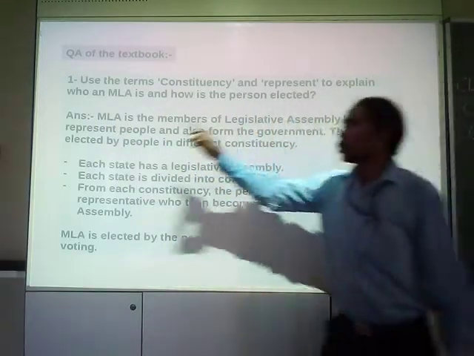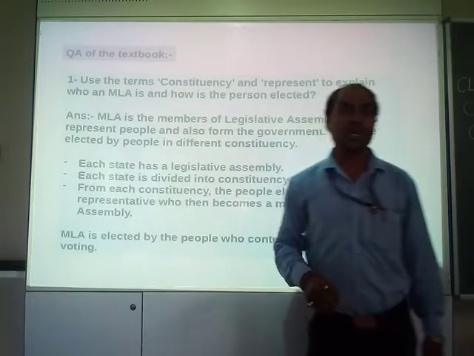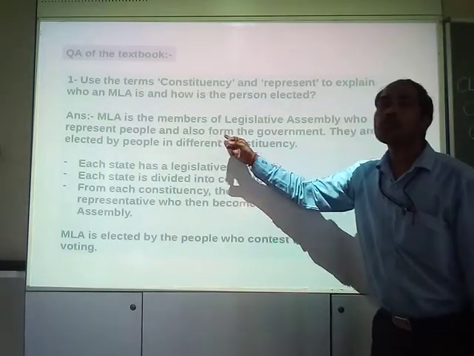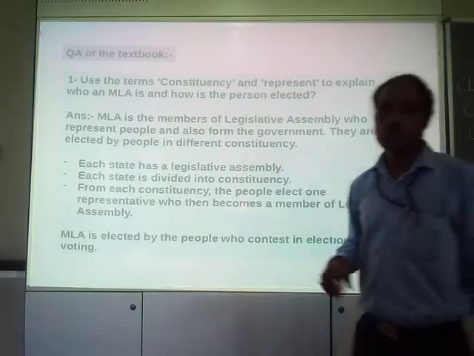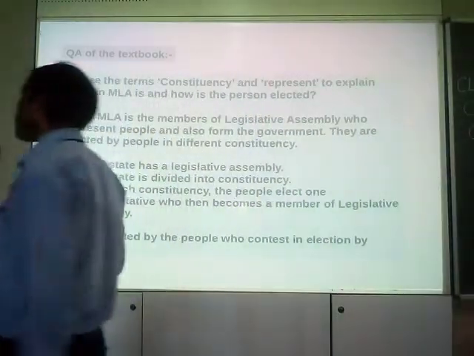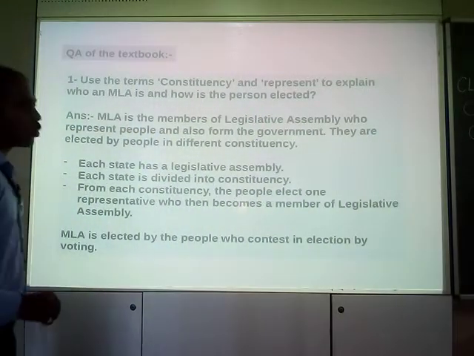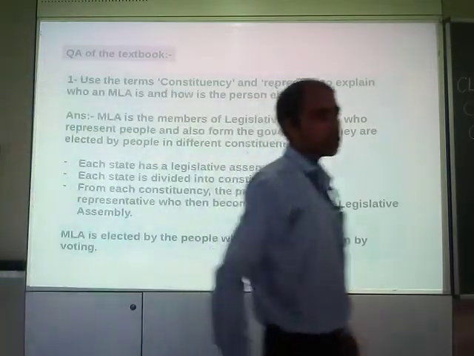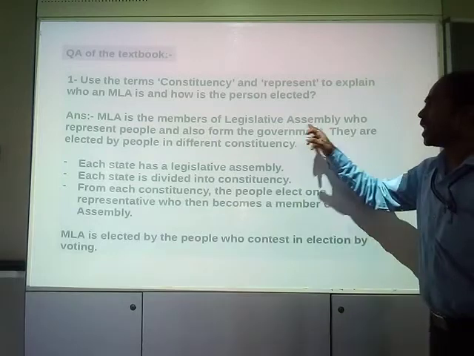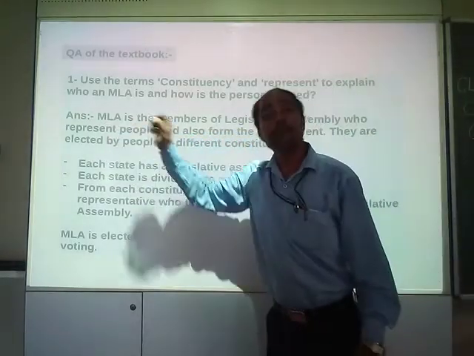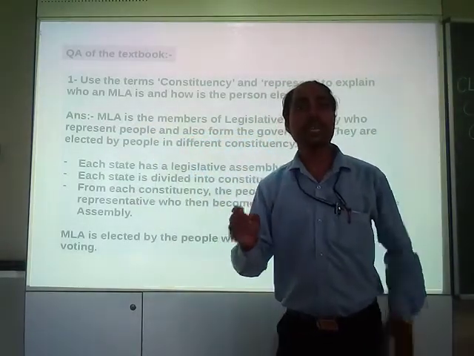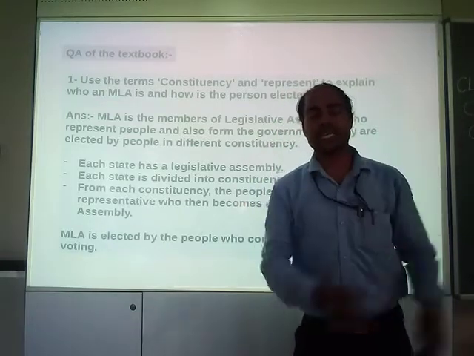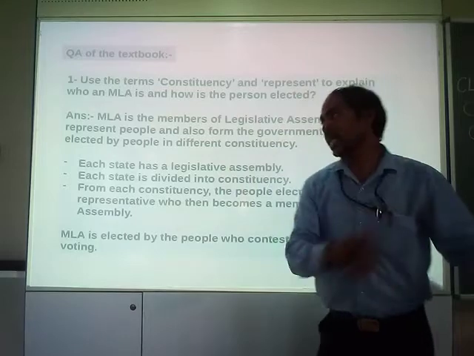Who represent people, who is the leader of people and also form the government. So he forms the government. They are elected by people in different constituency. Who elects MLA? People, common people living in different constituency, living in different region, living in different area, right?